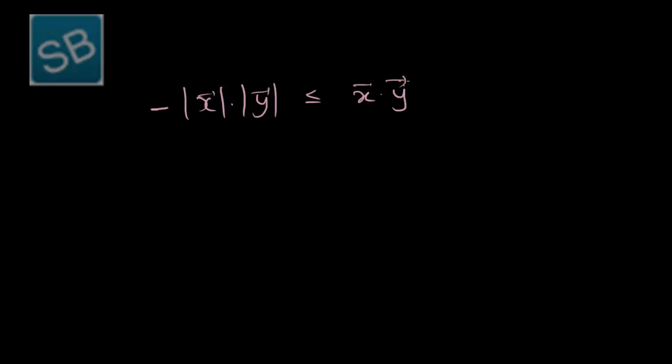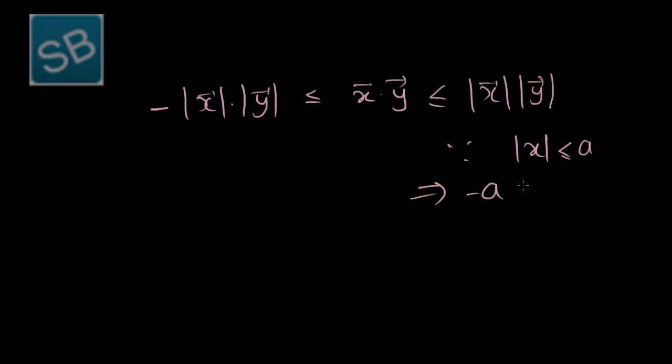x dot y less than or equal to modulus x product modulus y, because if modulus x is less than or equal to a, then minus a is less than or equal to x, x less than or equal to a. We use this property while eliminating modulus from x dot y.